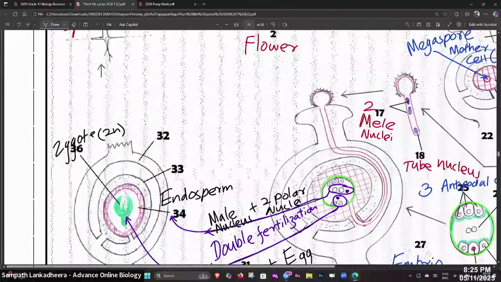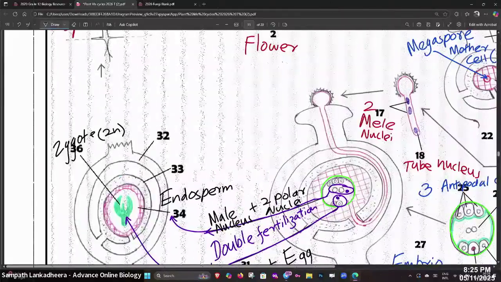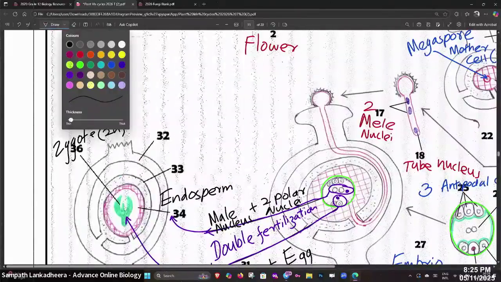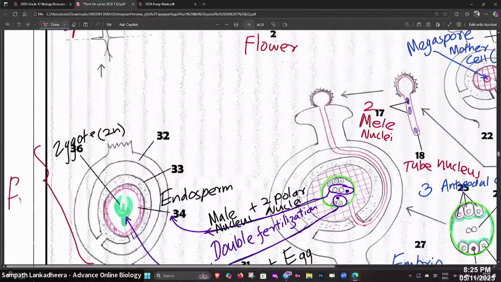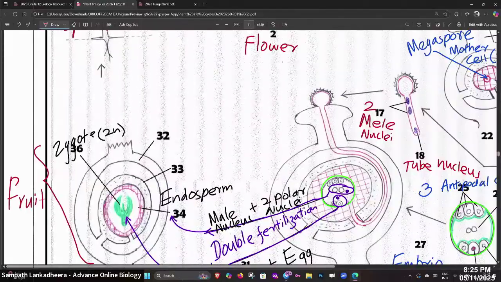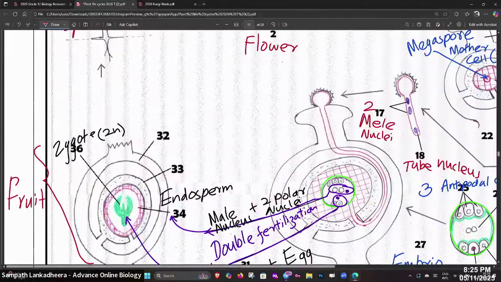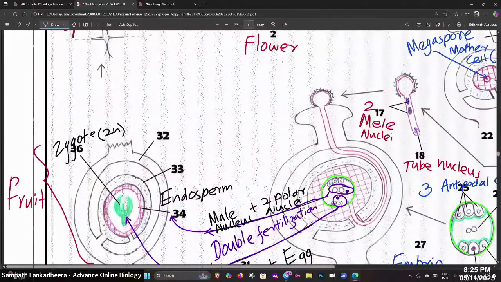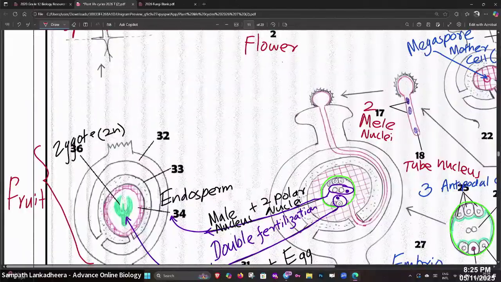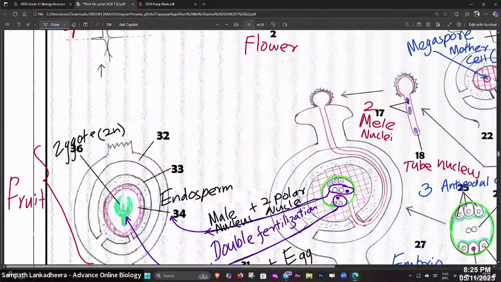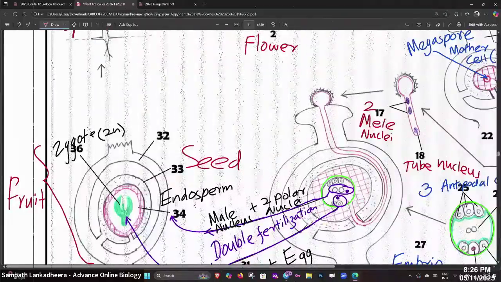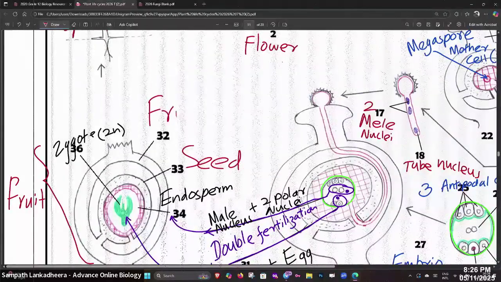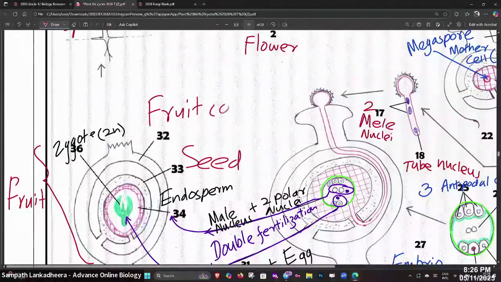Now, this whole structure you can call as the fruit. Inside the fruit, what you see, people, 33 is the seed. 32 is the fruit coat.